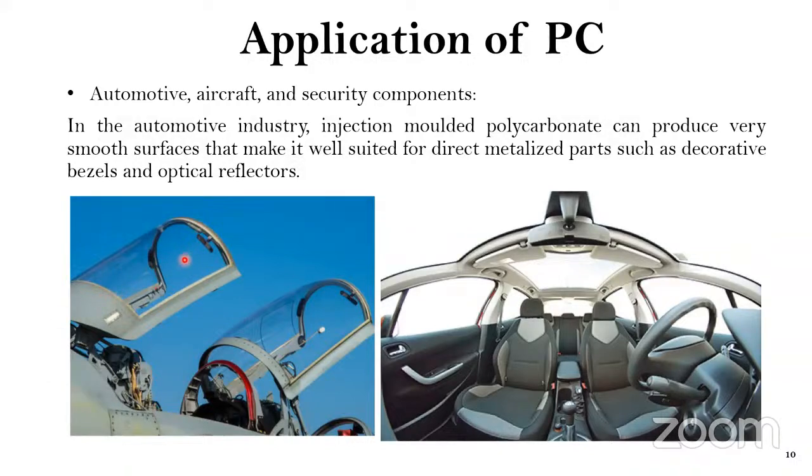You have seen many times the shield in fighter jet planes or some aeroplanes, the wings or the narrow portion, they are made of PC. In the automotive industry, injection molded polycarbonate can produce a very smooth surface that makes it suitable for direct metallized parts such as decorative bezels and optical reflectors.